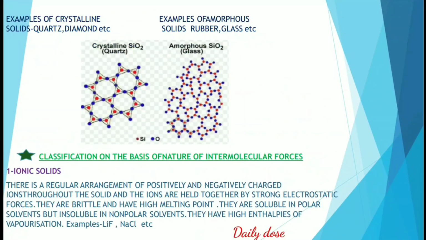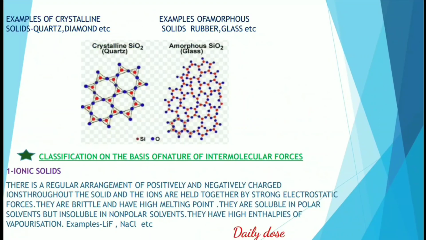Let us look at the examples. So examples of the crystalline solids are quartz, diamond, and examples of the amorphous solids are rubber, glass. So you can see the structures here. The red dots depict silicon and the blue dots depict the oxygen atoms.